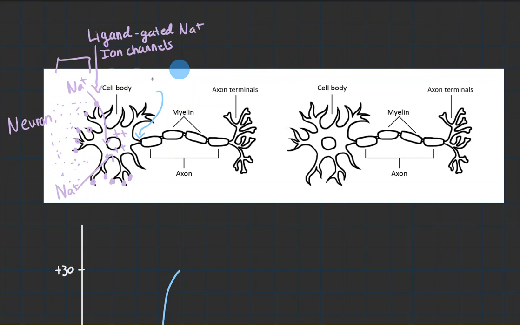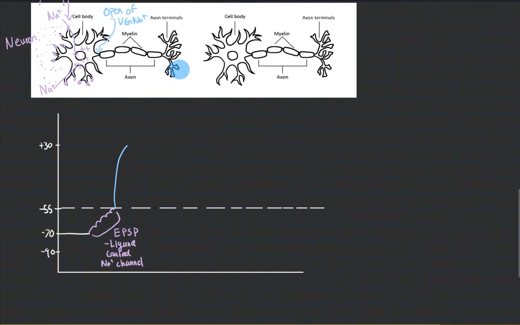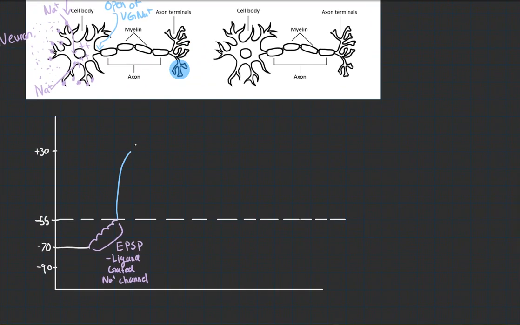So right here we get opening of voltage-gated sodium channels. And when we record that on this graph, you get a very quick spike up in membrane potential. Because there's such a high concentration of sodium around the neuron, and there's a high density of voltage-gated sodium channels, when these channels open, sodium very, very quickly rushes in and it depolarizes the cell.